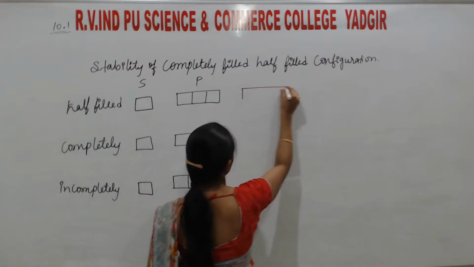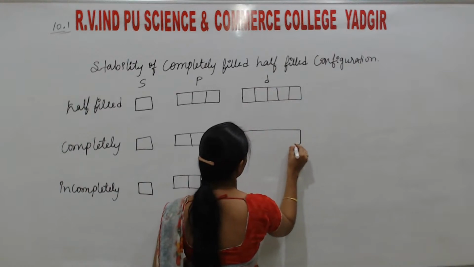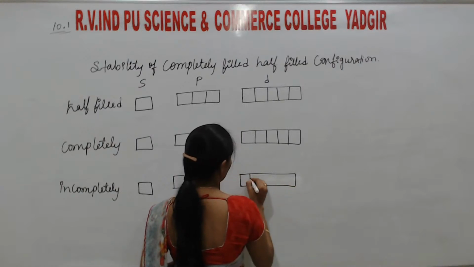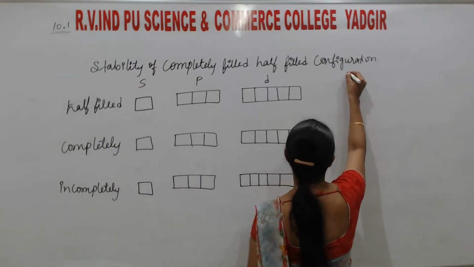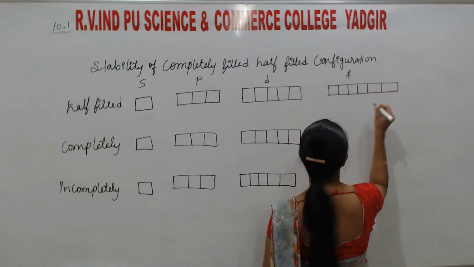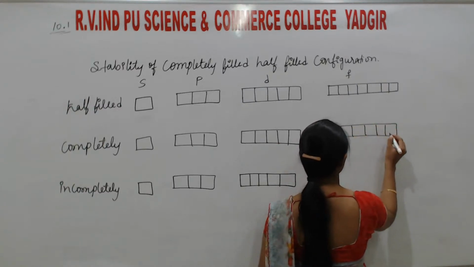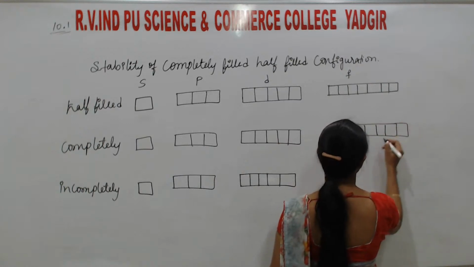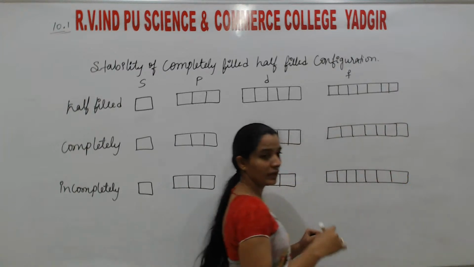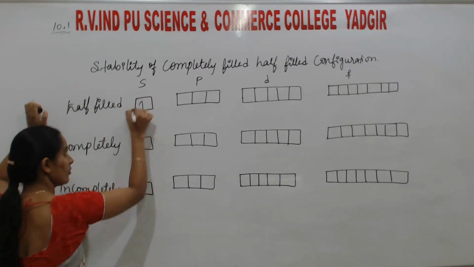Next, d. So this is s, p, d of an ion. So students, what are half-filled?